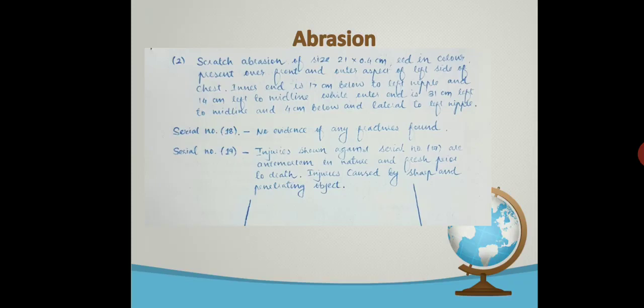Then you have to describe the specific landmarks. The inner end is 17 centimeter below the left upper and 14 centimeter left to the midline, while the outer end is 31 centimeter left to the midline and 4 centimeter below the lateral to the left nipple. So you have to write down the type, size, color, site, specific direction, and all those things.